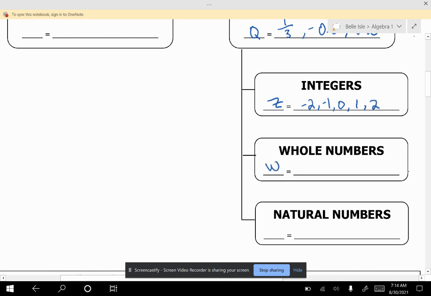Okay, whole numbers could be referred to as obviously 0, 1, 2, 3. Okay, natural numbers, you might also hear them referred to as natural numbers. 1, 2, and 3. So on and so forth. Dot, dot, dot.